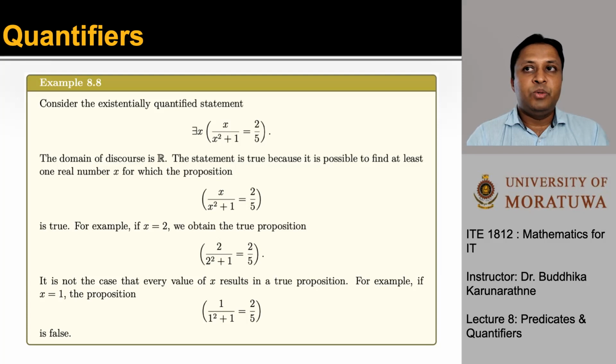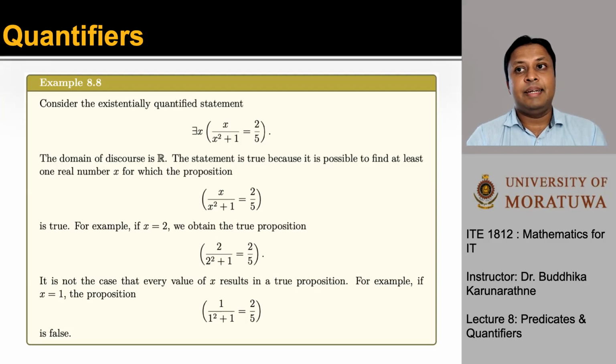The statement is true because it is possible to find at least one real number x for which the proposition is true. For example, if we put x equal to 2, we obtain the true proposition 2 over 2 squared plus 1, which is equal to 2 over 5.